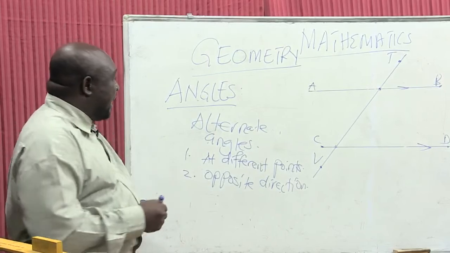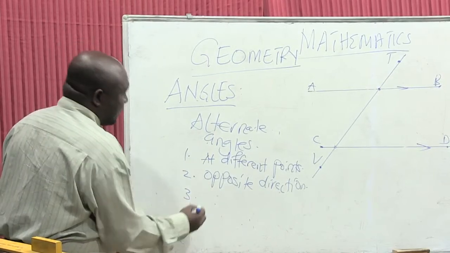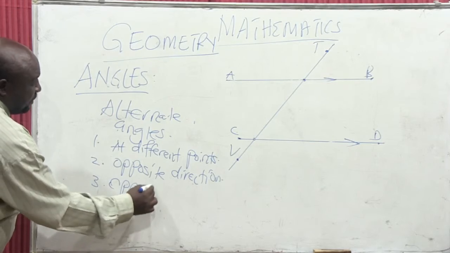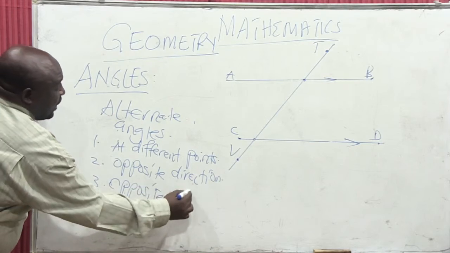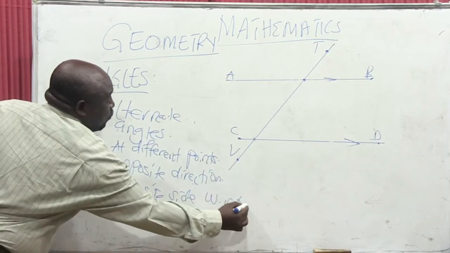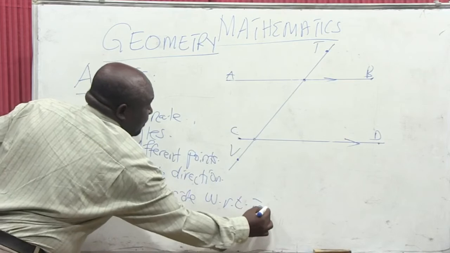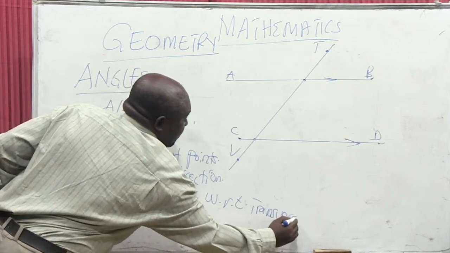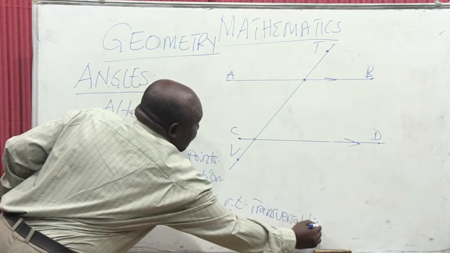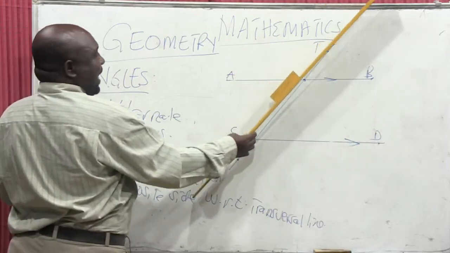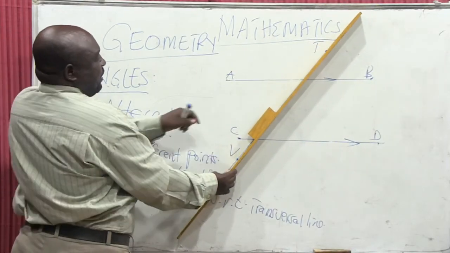Another feature is opposite sides with respect to the transverse line. Now this is a transverse line, line TV.